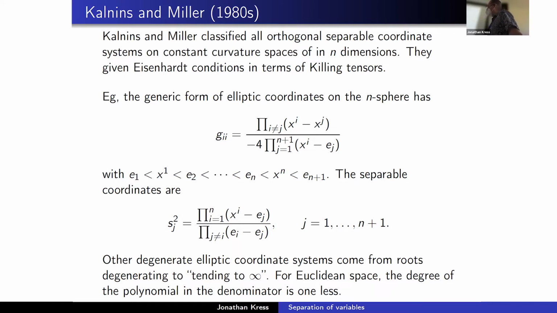Ernie Kalnins has a book where he collects some of these results, and it gives a complete list of the separable coordinates on n-dimensional Euclidean space and the sphere.